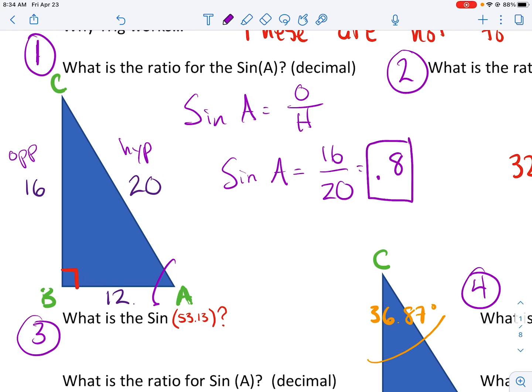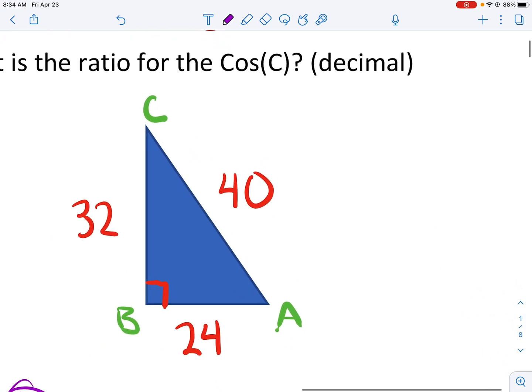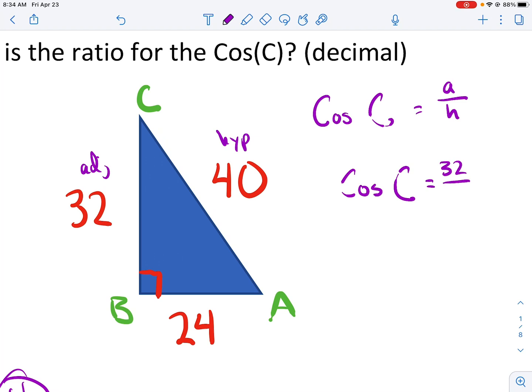All right. Let's go over to the cosine of C. Okay, so remember cosine. Actually, I don't need that parenthesis there. Looks a little sloppy. The cosine of C is equal to the adjacent over the hypotenuse, or caught another hippie, right? So, in this case, the cosine of C is equal to the adjacent over the hypotenuse, which is 32 over 40, which is equal to, again, 0.8, if I'm not mistaken.